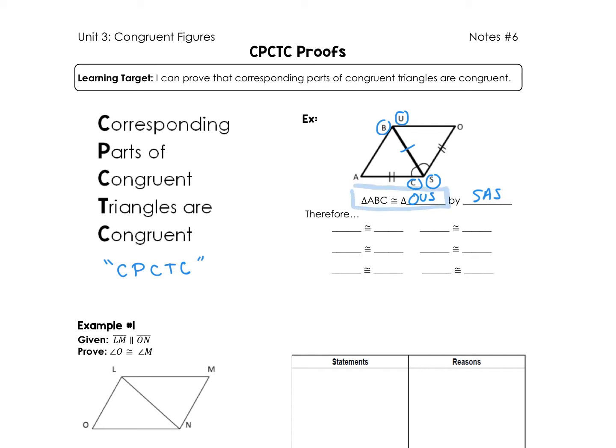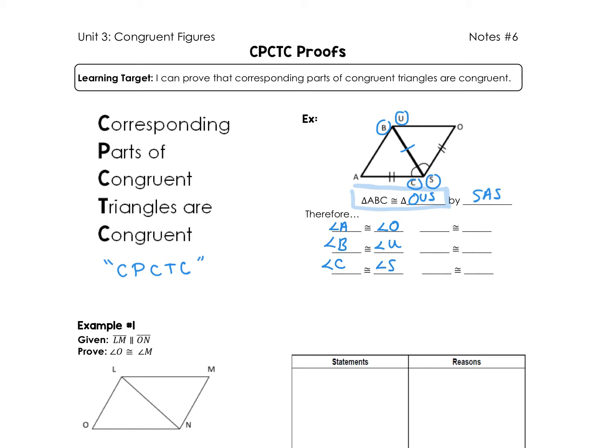Now, once you have a congruent statement like that, we know that, for instance, angle A in the first triangle is congruent to angle O. Angle B from the first triangle is congruent to angle U in the second triangle. And finally, angle C is congruent to angle S because they are corresponding parts of congruent triangles.